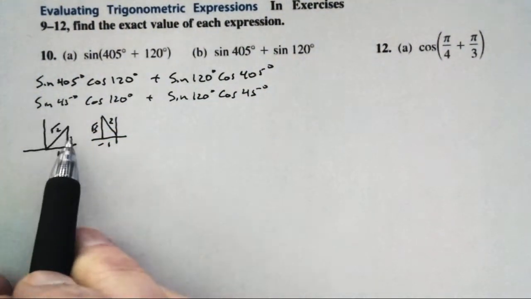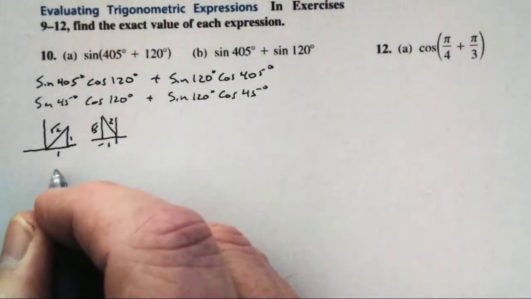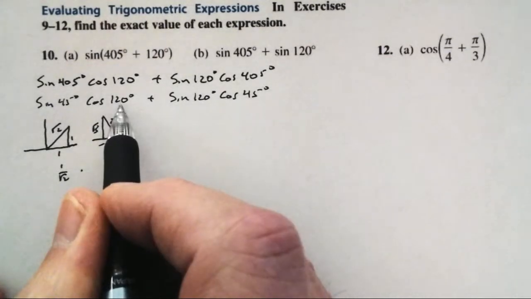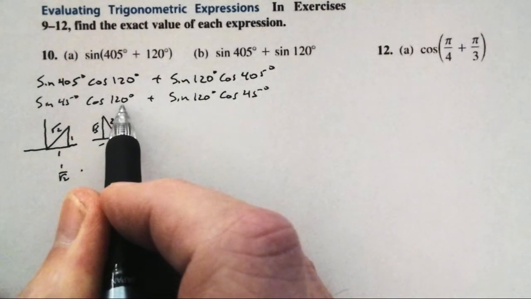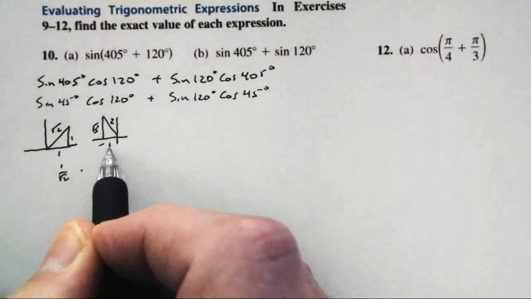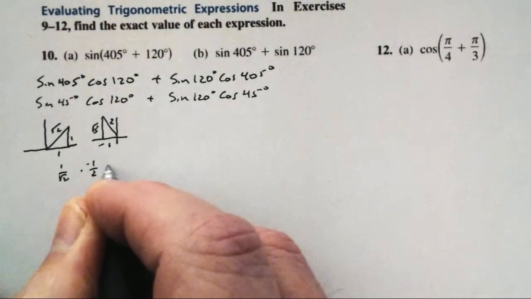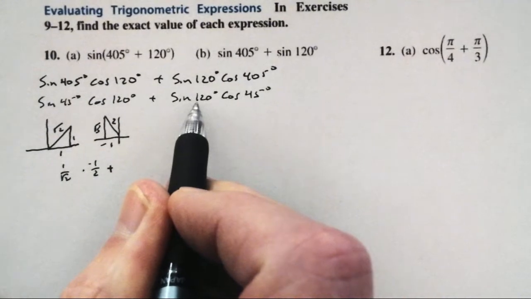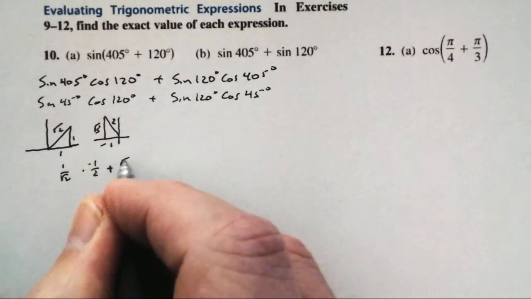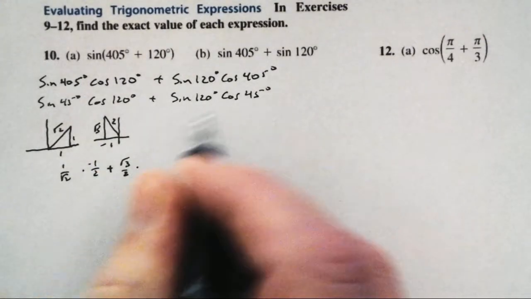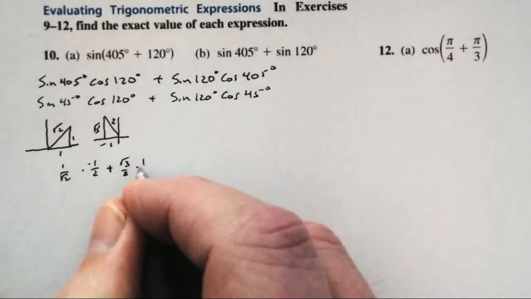So sine of 45 is y on r, 1 on square root of 2, times cosine of 120, x on r, negative 1/2, plus sine of 120, square root of 3 on 2, times cosine of 45, 1 on square root of 2.